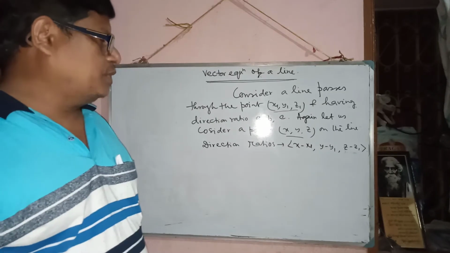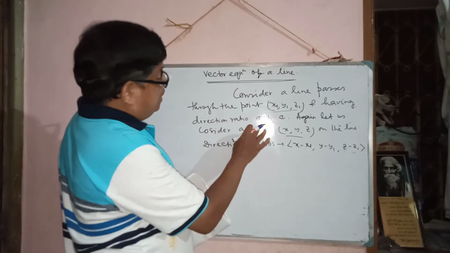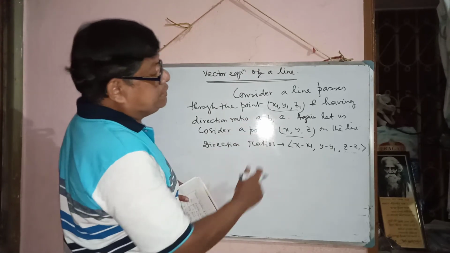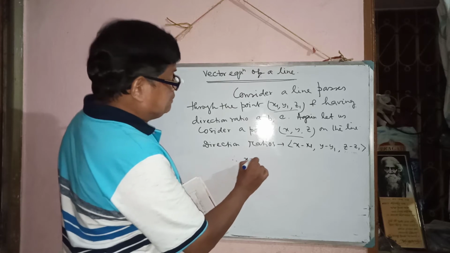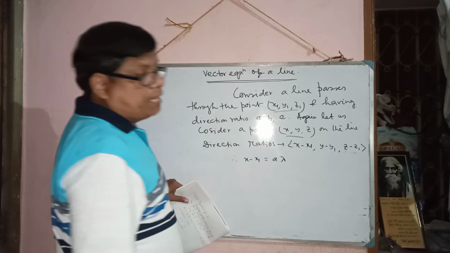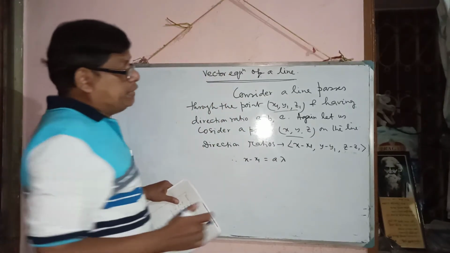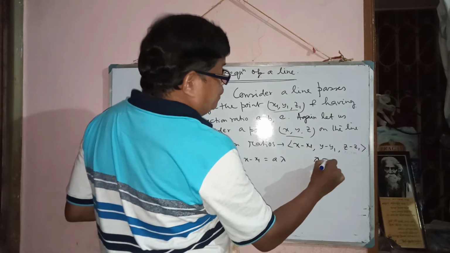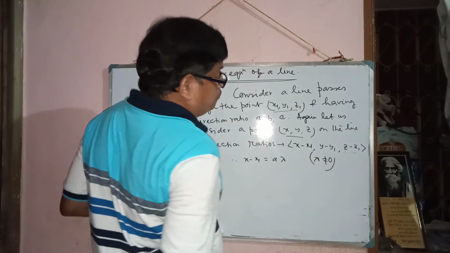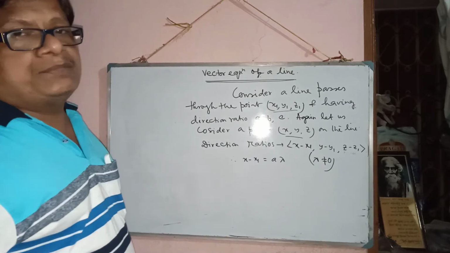Now the given direction ratios are A, B, C. So we can write x minus x1 equal to A lambda, where lambda not equal to 0 is any parameter.